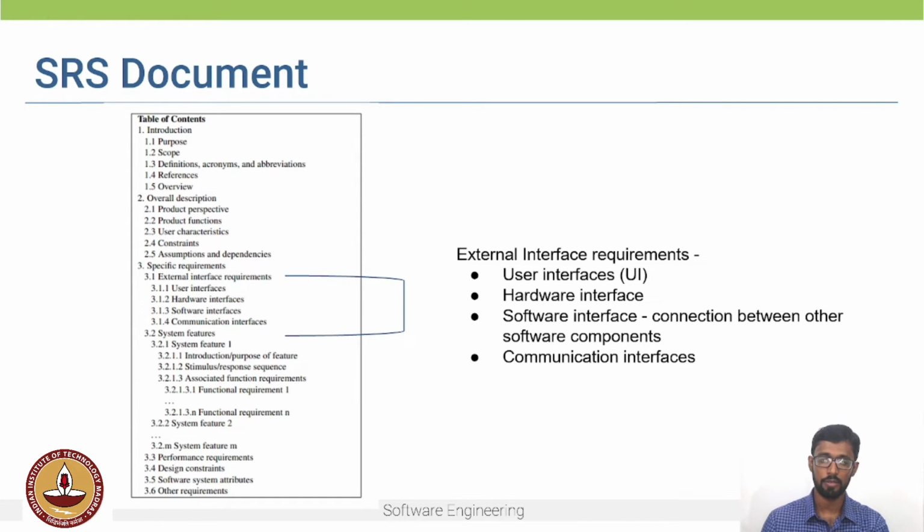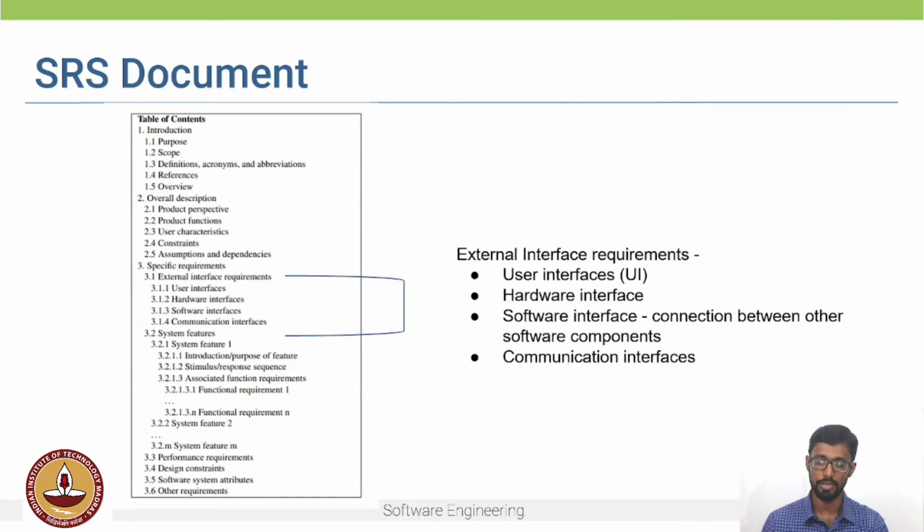For example, in an ATM system, we need to specify the interface between the ATM hardware, the ATM card, and the ATM software. Next is descriptions about the software interface, which is the connection between this software and other software components.